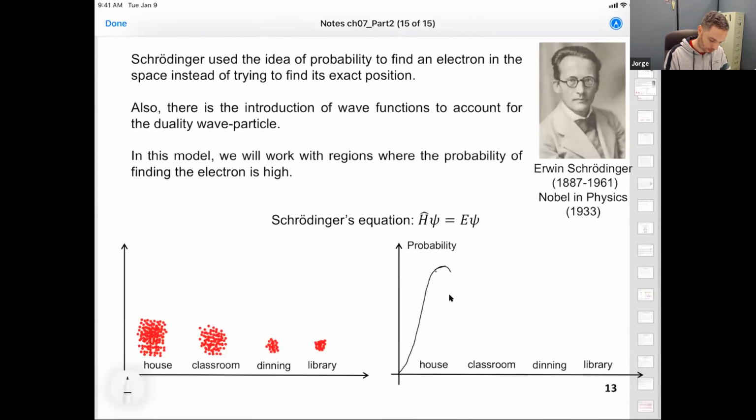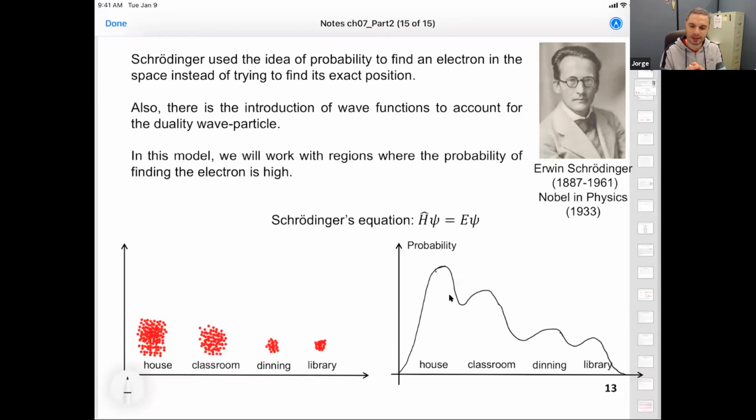So the probability will decrease a little bit, but it's still high to find you in the classroom. Then it decreases dramatically, and there is a small probability to find you dining, and kind of the same probability to find you in the library. And after that, there is theoretically no probability to find you.